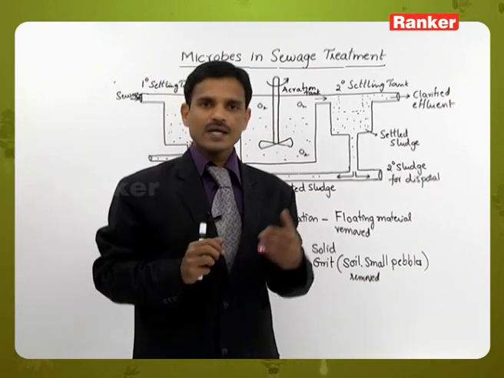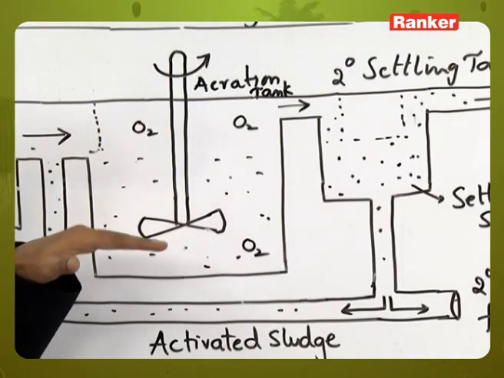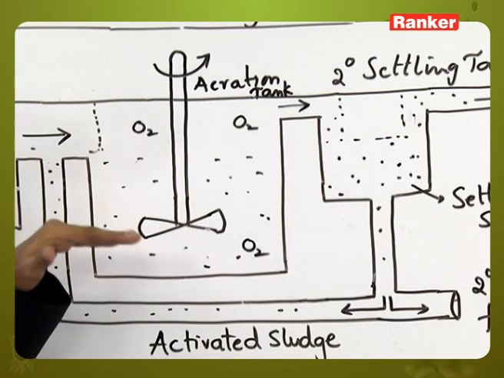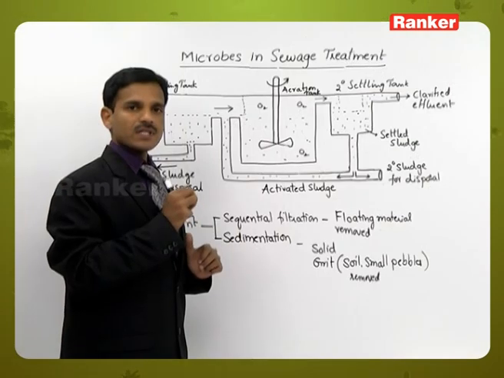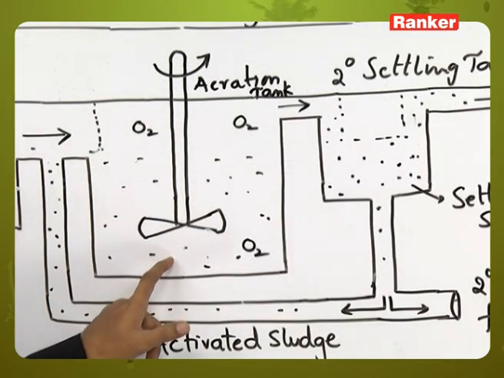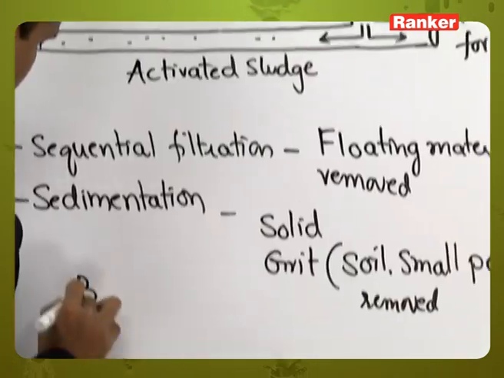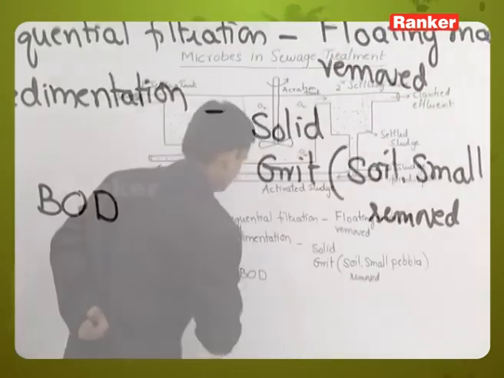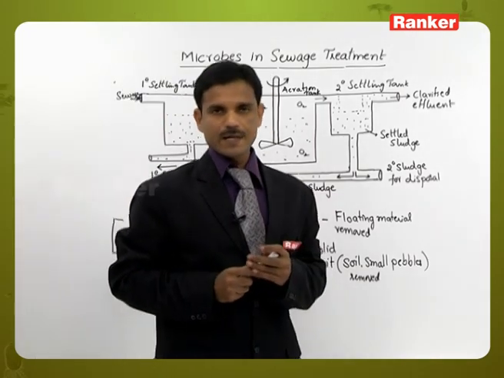So the organic material content is reduced in the aeration tank by using heterotrophic bacteria, which are generally present in the sewage. Here the BOD is reduced. What is the BOD? BOD is biological oxygen demand.